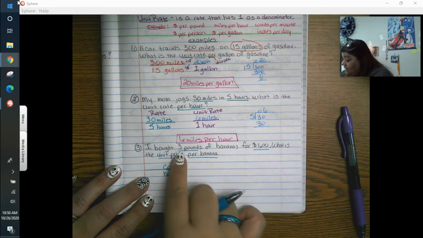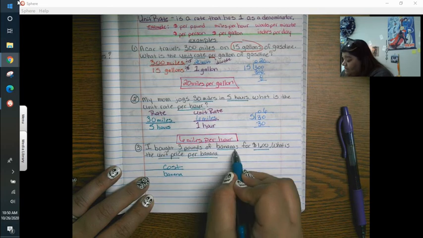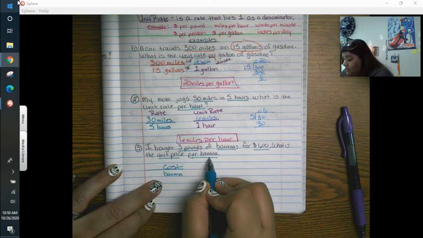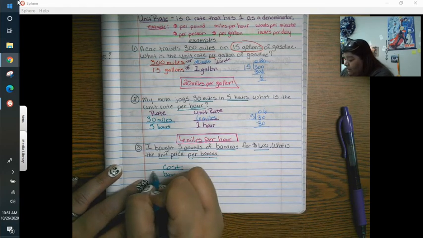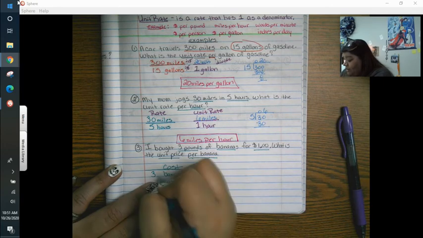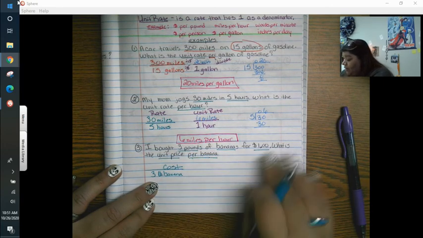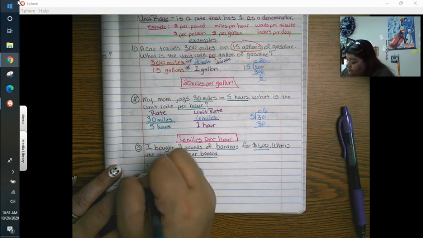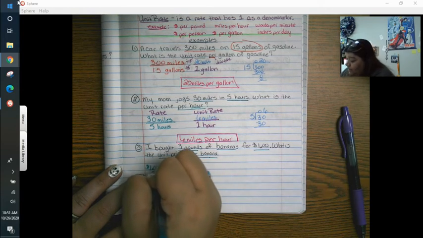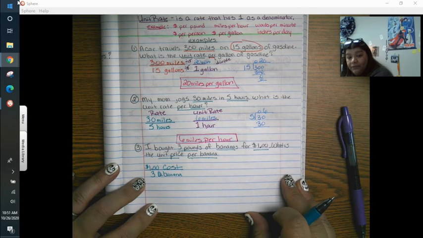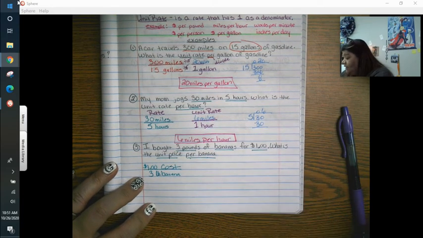So let's take a look. They give me 3 pounds of bananas, and they already said per banana goes on the bottom. So my 3 goes on the bottom. 3 pounds of bananas for $1. The cost is going to be $1, okay? So we got to find the unit price.